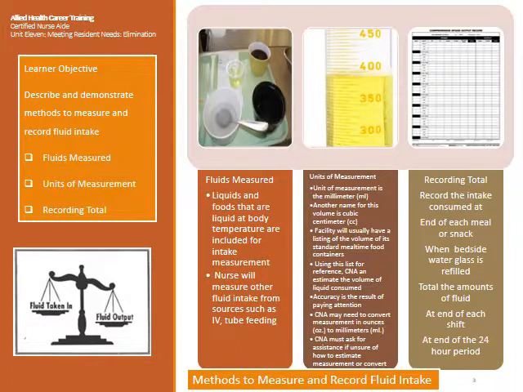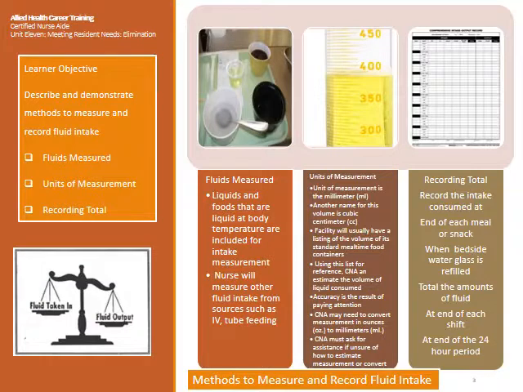The facility will usually have a list of the volume of its standard mealtime food containers. Using this list for a reference, the CNA can estimate the volume of a liquid consumed. Accuracy is the result of paying attention. The CNA needs to know how to convert measurements in ounces to milliliters.